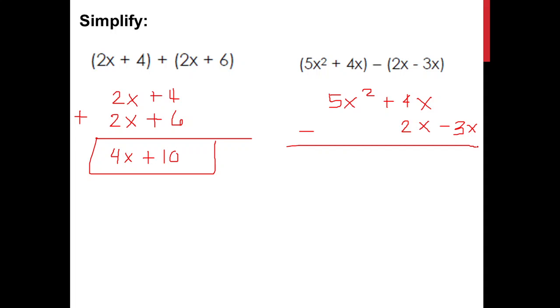Then follow the rule of subtraction. Change the sign of the subtrahend. This one is positive, that becomes negative. This becomes positive. Now process only those that are aligned with each other. So this one, bring it down first. So that's 5x squared. Positive and negative.